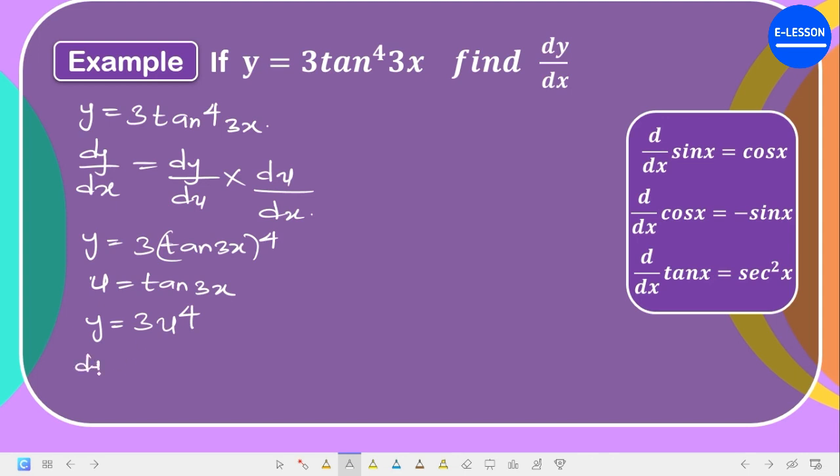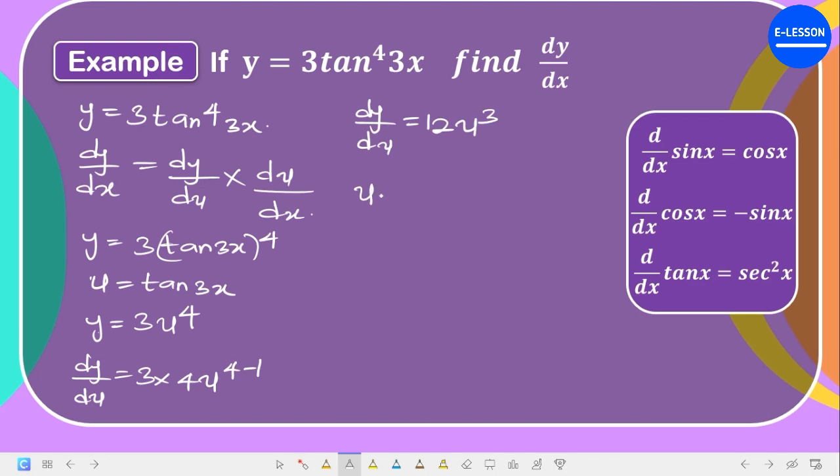So your dy/du, you are differentiating y with respect to u. You use 4 to multiply 3, and this gives us 3 times 4. Then you write u and then minus 1 from the power. So your dy over du is 3 times 4 is 12u, 4 minus 1 is 3.